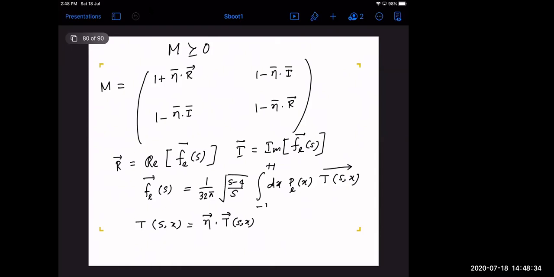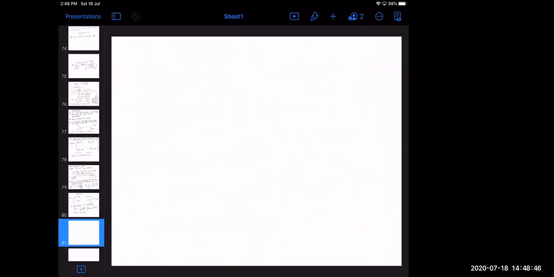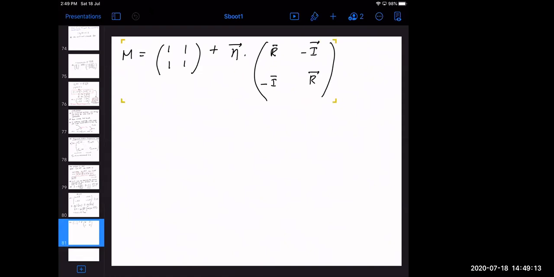We wanted this thing to be positive semi-definite, so we are going to write down this M in this fashion.